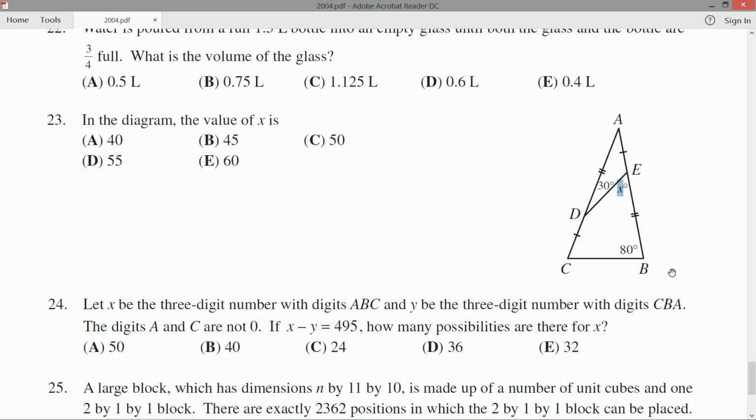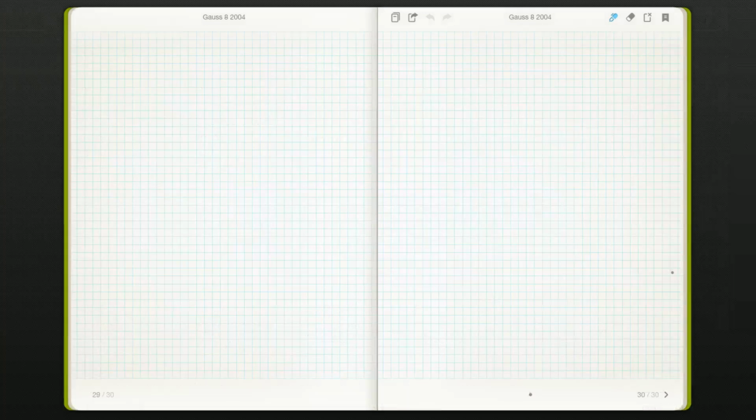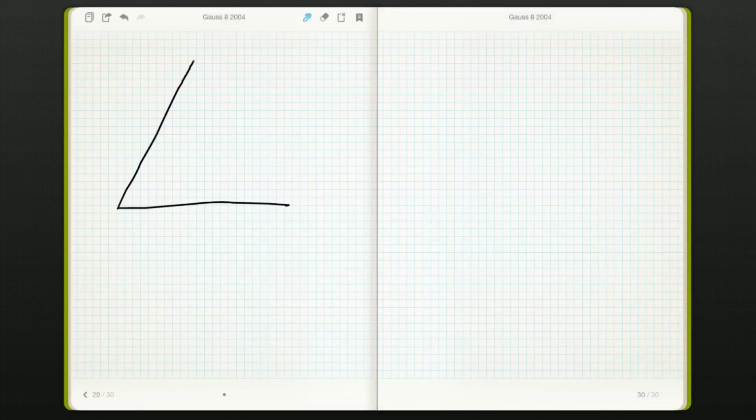Let's redraw our picture in our notebook. There we go, not a bad drawing. A, B, C. So we have a triangle here. We know we've got 80 degrees.